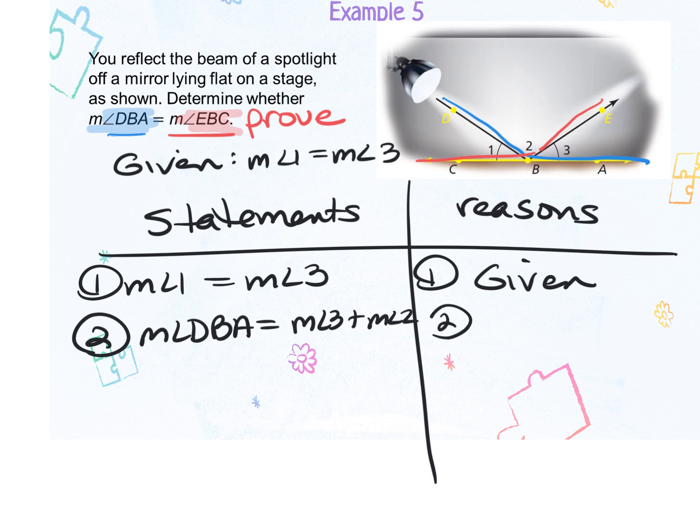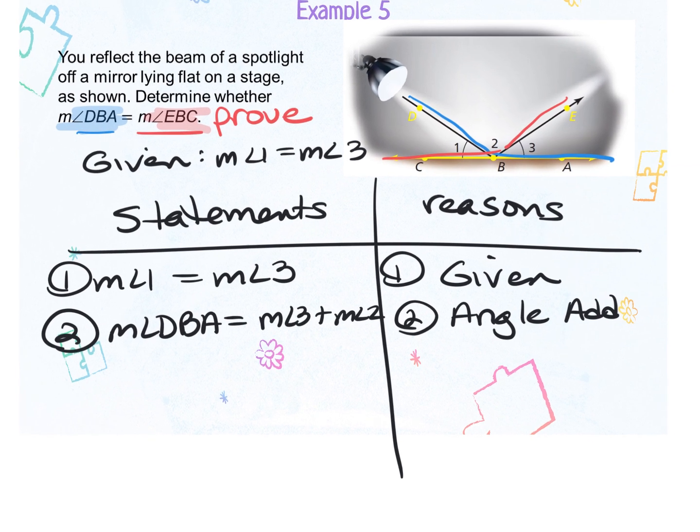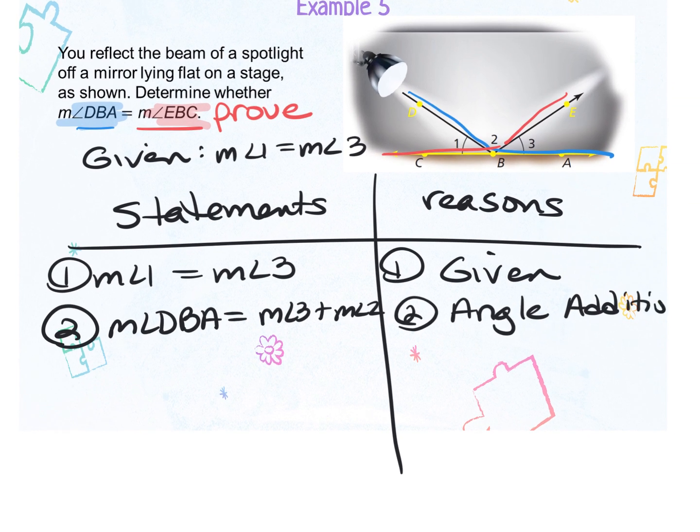And the reason why I can state this is I'm using my angle addition postulate. I like to abbreviate this as AAP. We're going to be using these postulates a lot, so that's why I came up with an acronym.